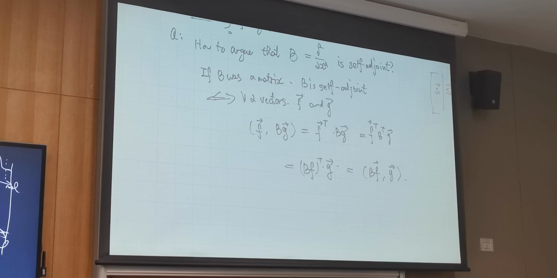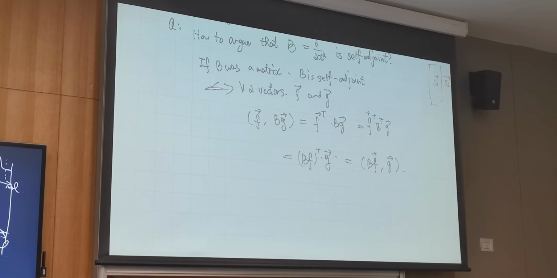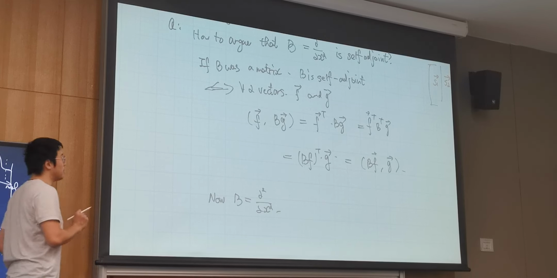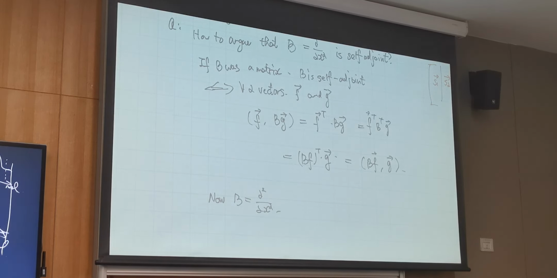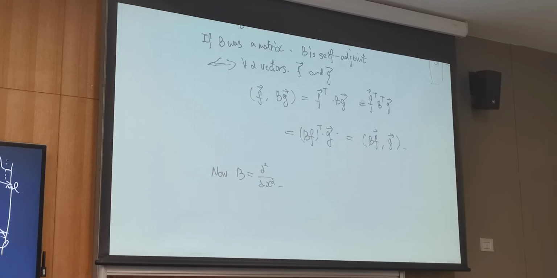So similarly, now B is equal to the partial derivative. The way to argue that my partial derivative B is indeed self-adjoint can be done as follows.